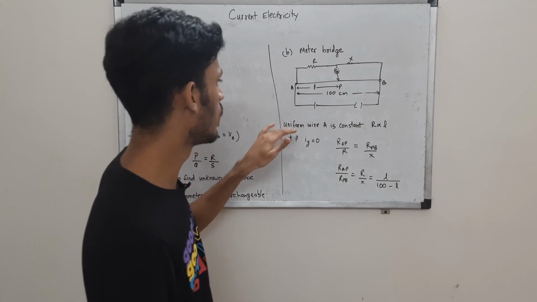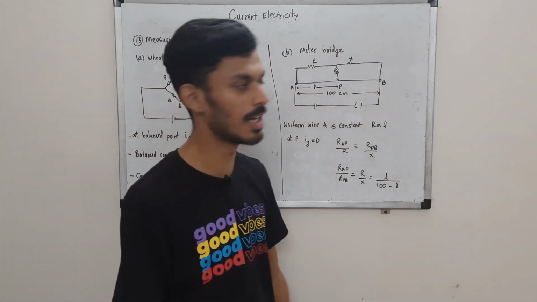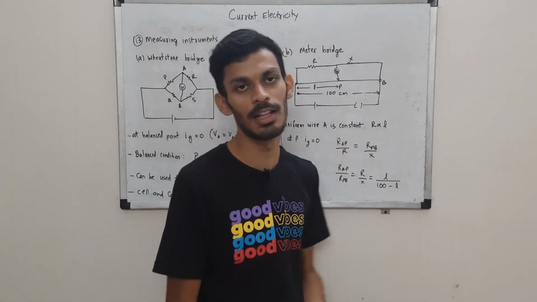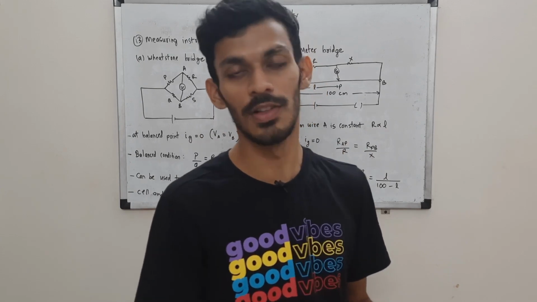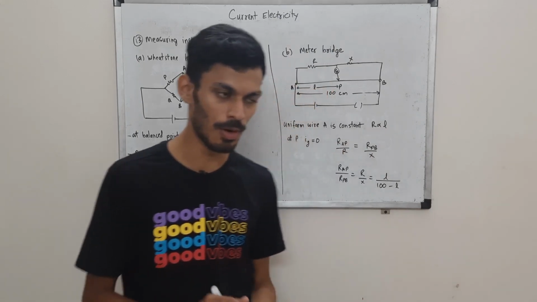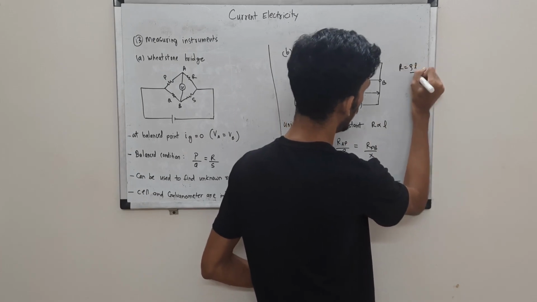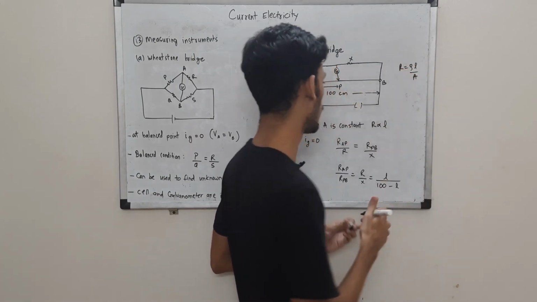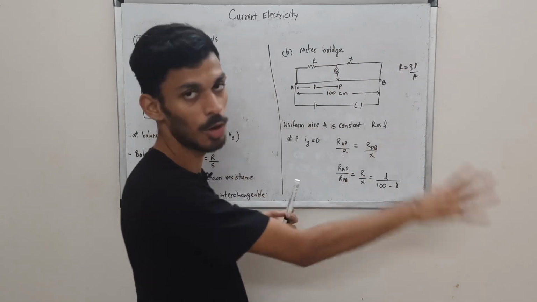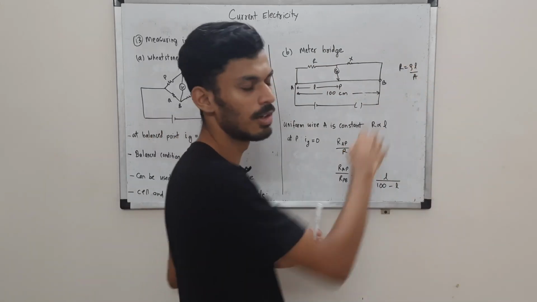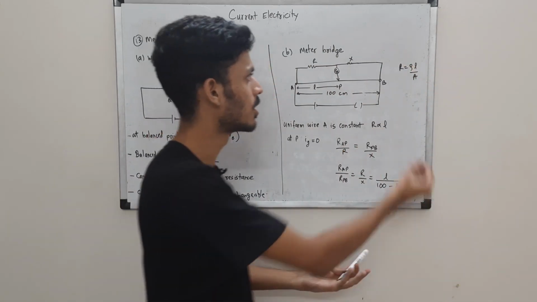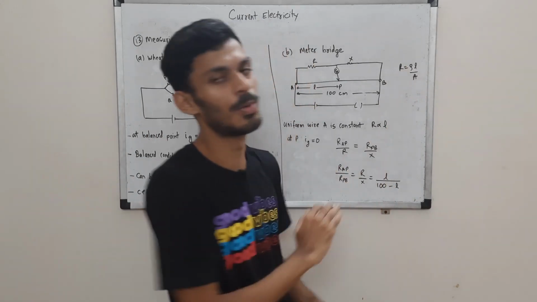Now one more condition over here is that since this wire is a meter long, the resistance is directly proportional to length. If the area of the wire is uniform, R is rho L by A. So rho and A are constant, the area is kept constant, and rho for a given material is constant, so resistance is directly proportional to length.